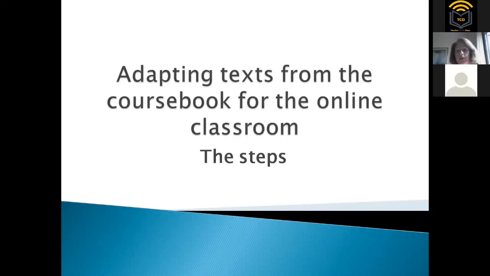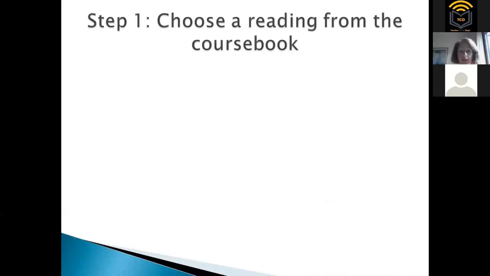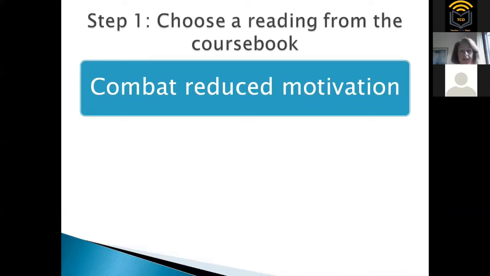Now, what are the steps for adapting the course book for the online classroom? The first one is to choose the reading from the course book, unless you have to include everything in the same order it goes into the book. If you are able to choose it, make it more interesting, because remember, the main problem is reduced motivation.